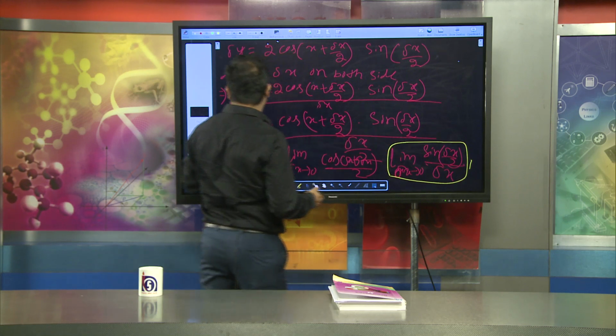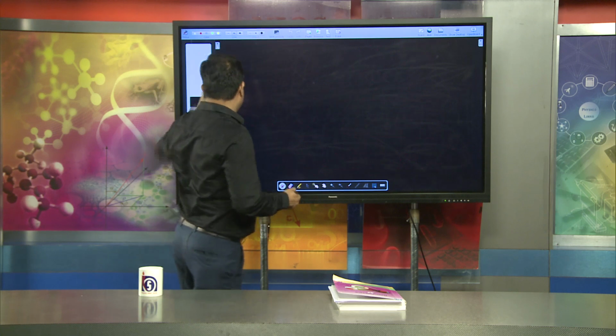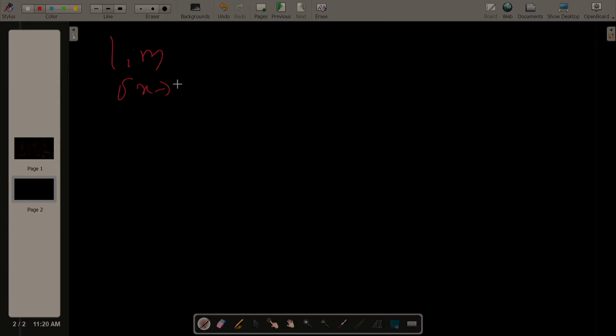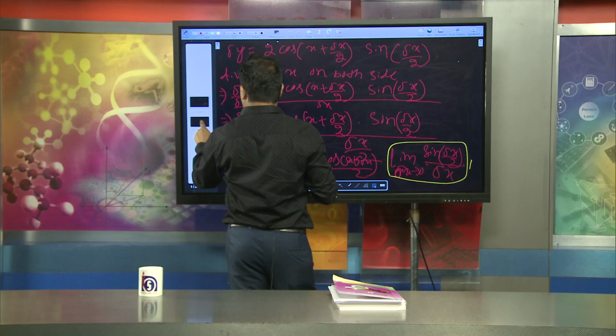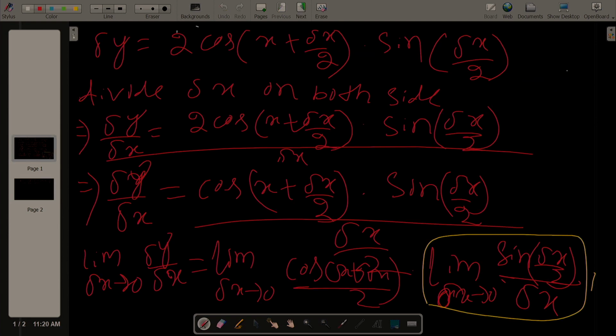So I can write very simply limit del x tends to 0 of del y by del x is equal to limit del x tends to 0 of cos x plus del x by 2.